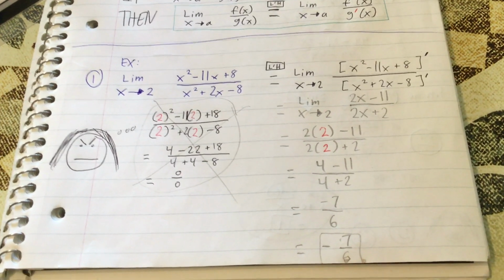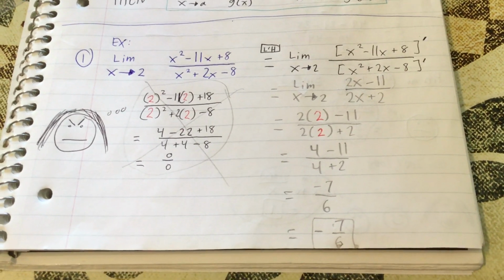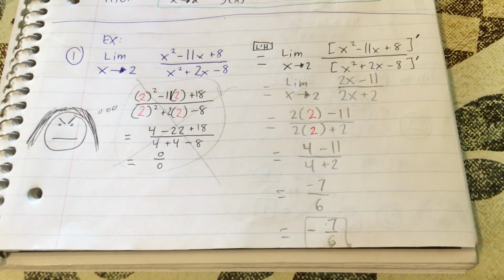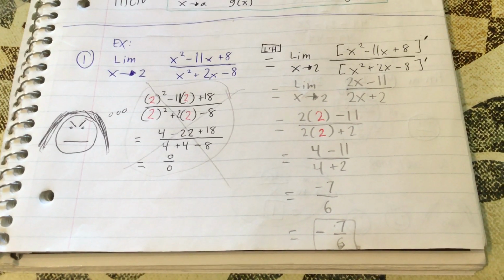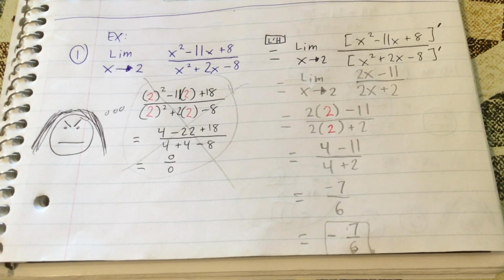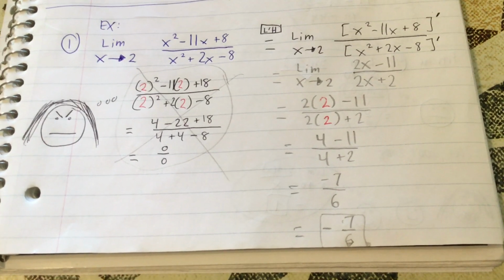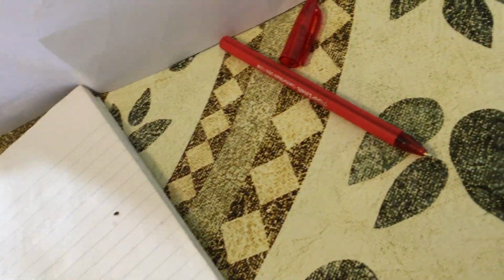Now, I looked at this like I've just seen the Thanos gauntlet or whatever it's called. I was like, you got to be kidding me. This is way better, because it's just one technique. If I have a 0 over 0, take the derivative of the top, take the derivative of the bottom. So now let's do the other two problems, but with L'Hopital's rule.